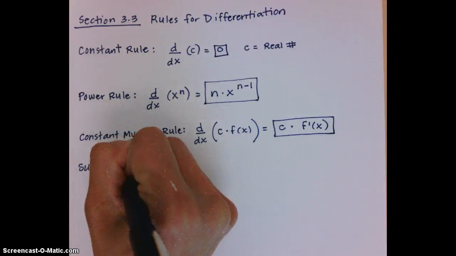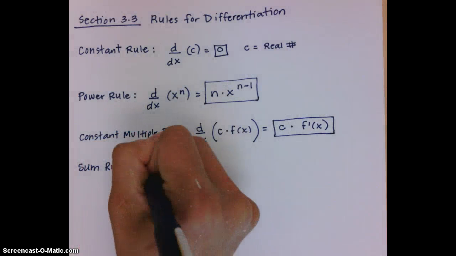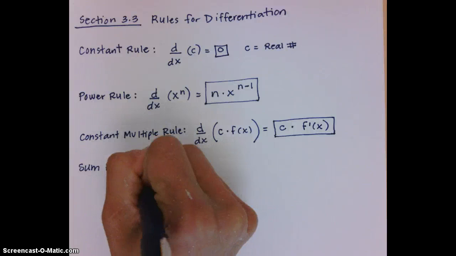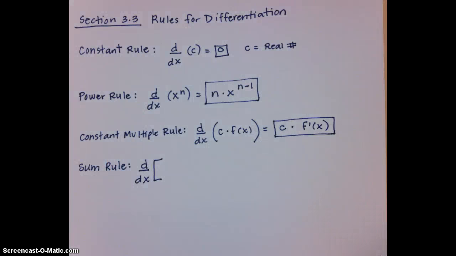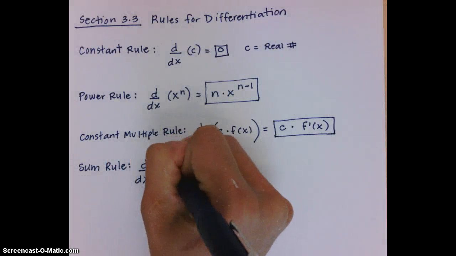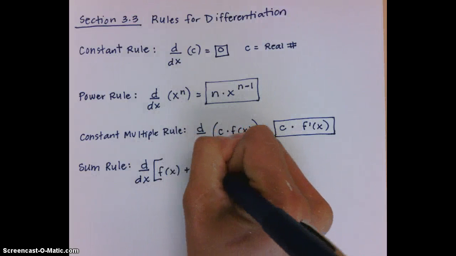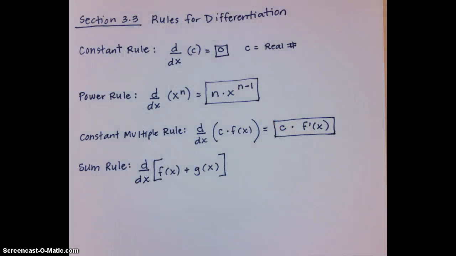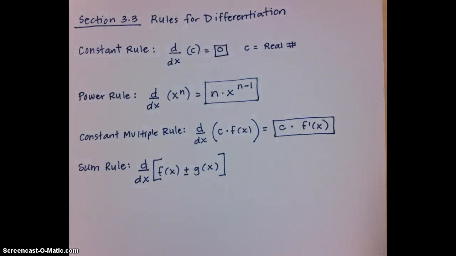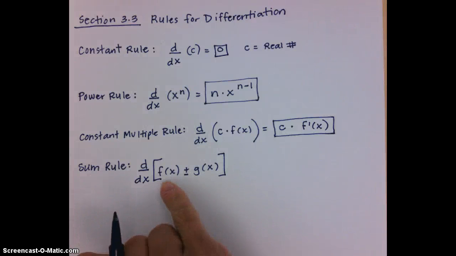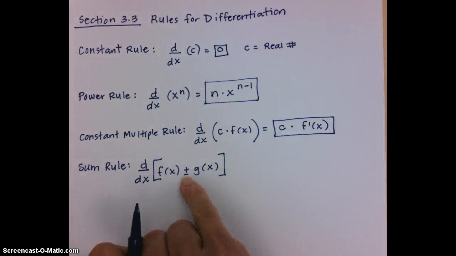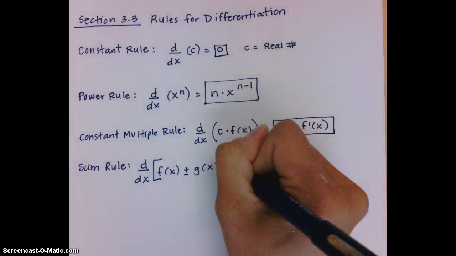The next rule is the sum rule. This rule should seem fairly obvious, but what it says is if you're trying to take the derivative of two different terms that are added together, and I'm going to clarify that and say that subtraction is fine too. So we're trying to take the derivative of some f function and some g function that are either added or subtracted.